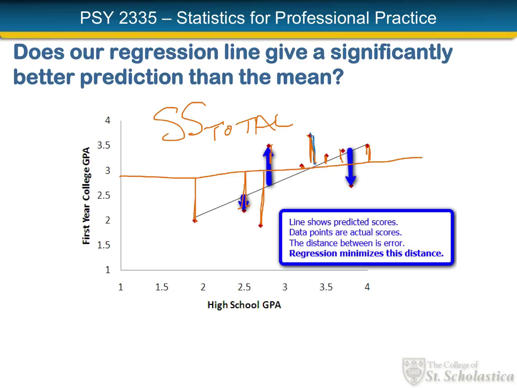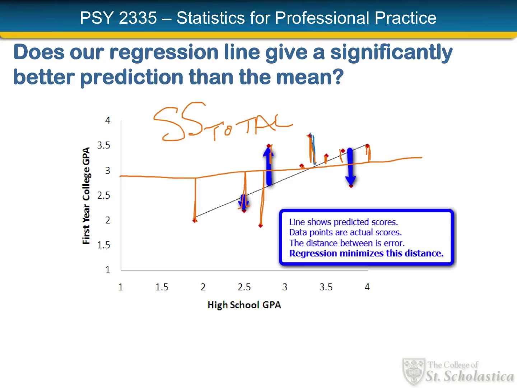So part of what we can do with our regression line is to ask whether we have less error when we use the regression line to predict than we would have if we didn't have the regression information and had to just use the null hypothesis.